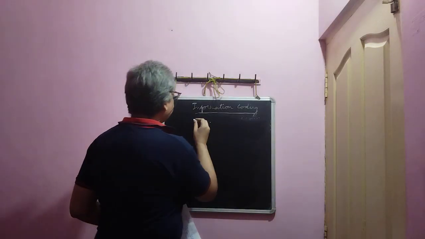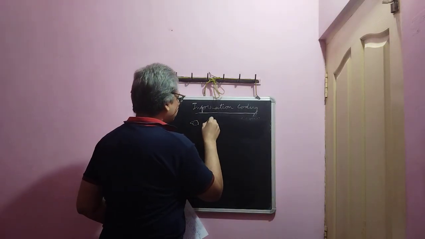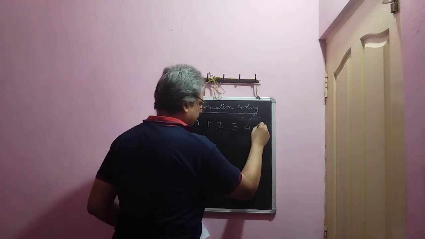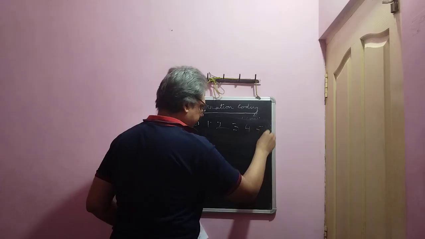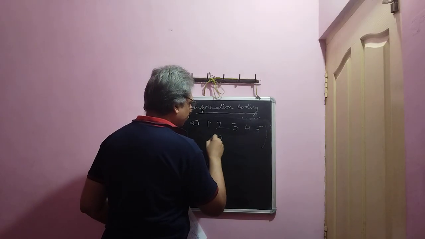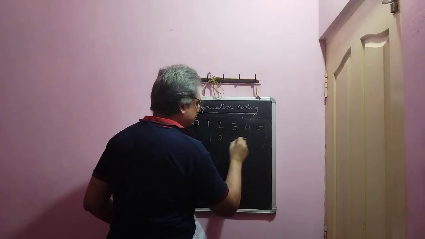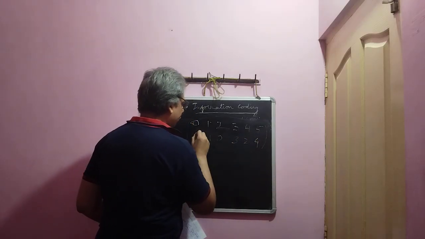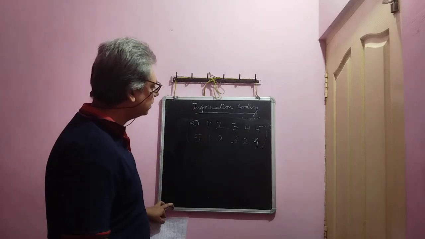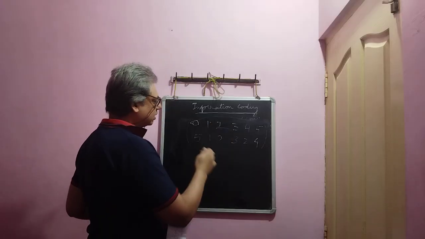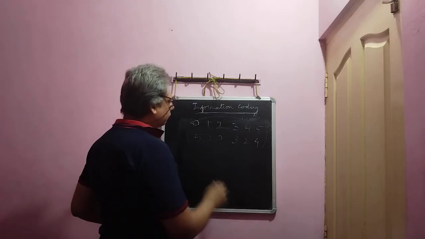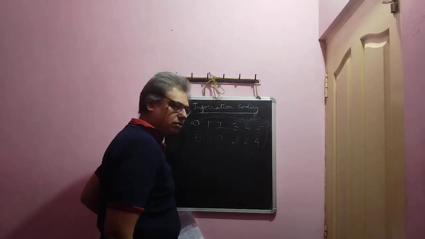So therefore, if we have here a permutation 0, 1, 2, 3, 4, 5, let's assume some L dash bits have been coded as this permutation, 510324.